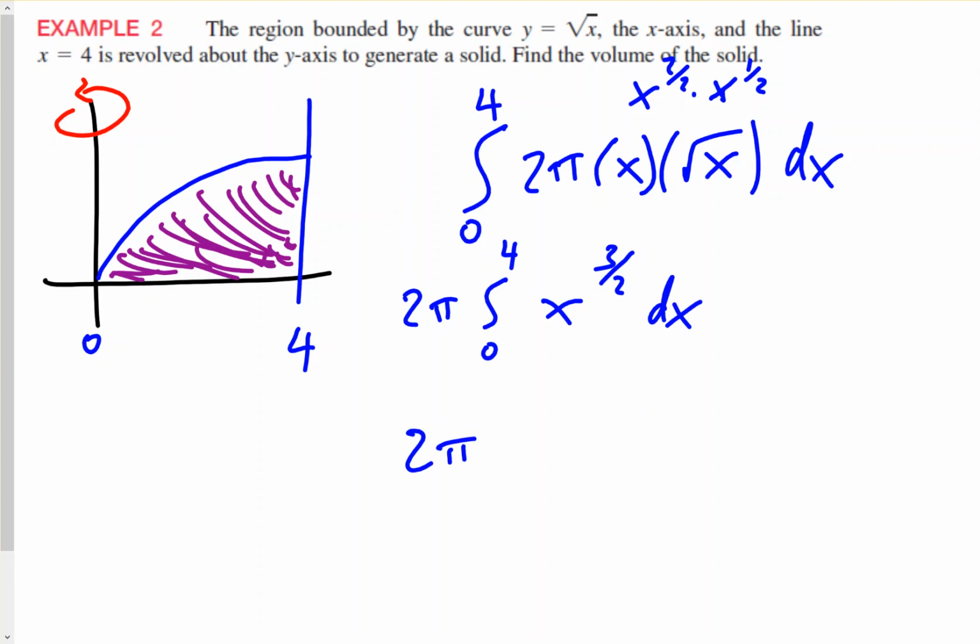So we have 2 pi. And then we have add 1 to this, so that means we would add 2 over 2. So that would be 5/2. Divide by 5/2, which is 2/5, times x to the 5/2.